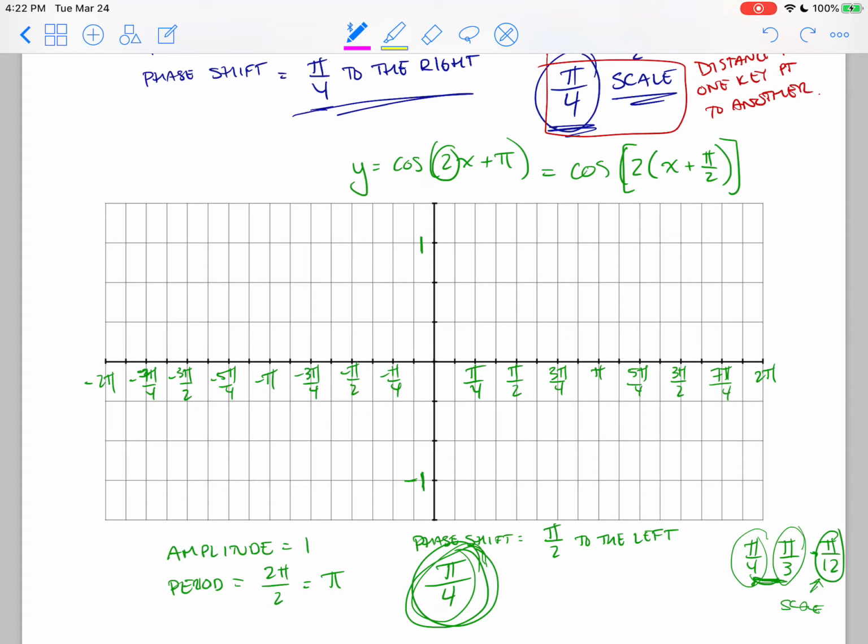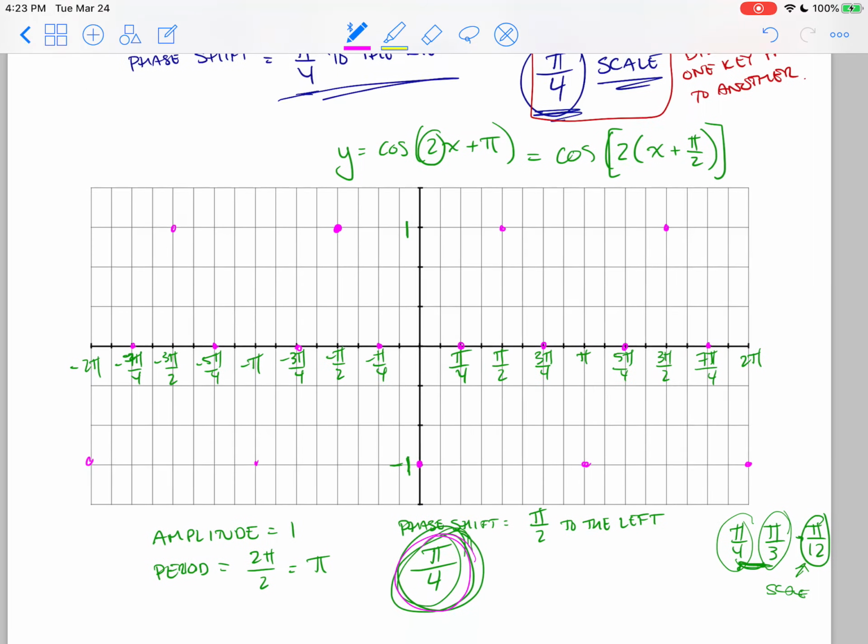But this is cosine, and so cosine starts at 1. So we're starting pi over 2 to the left, we're up at 1, and then pi over 4 is the distance between all my key points, which is also my scale, so then my next one would be 0, and then -1, and then 0, and then 1, and then 0, and then -1, and then 0, and then 1, 0, and -1. And working over to the left as well.